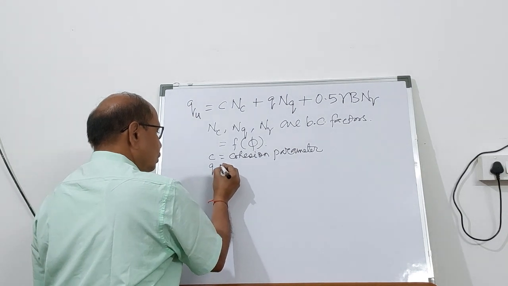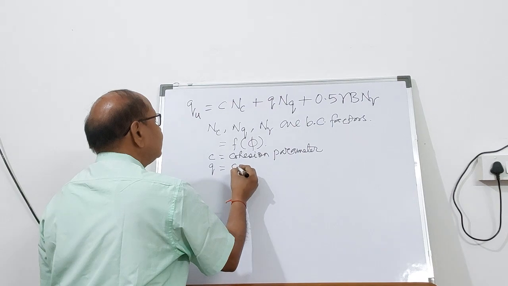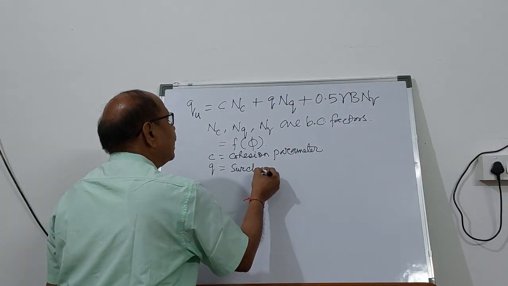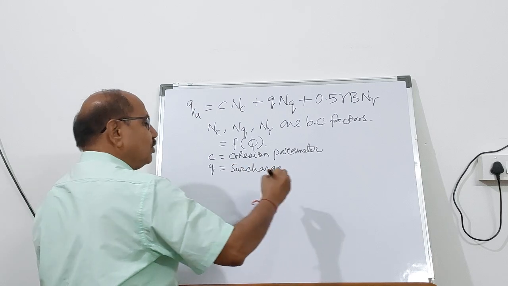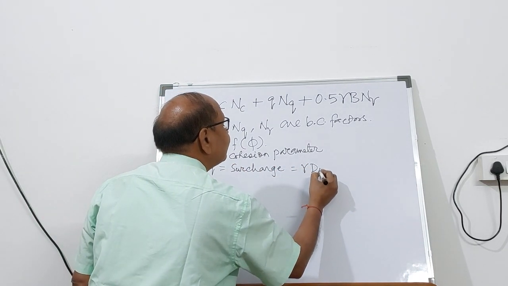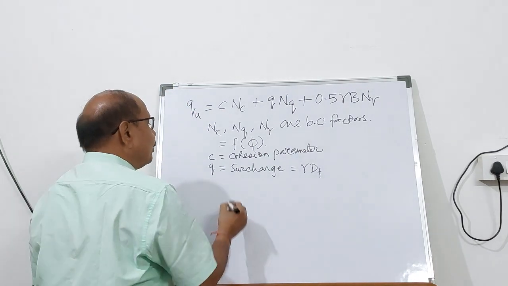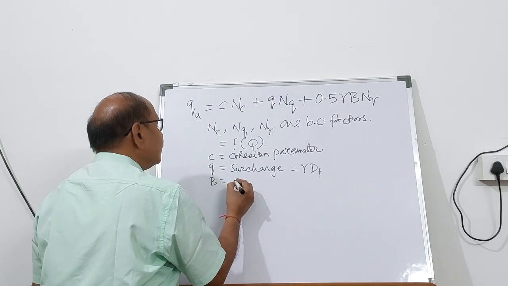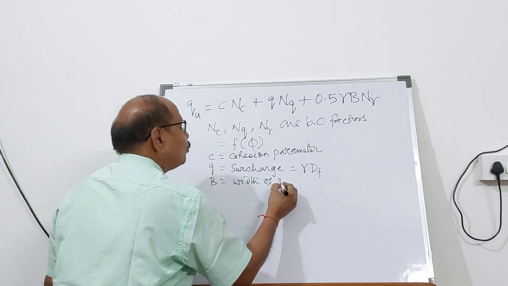q is the surcharge at the level of the base of the footing, and it is given as gamma times the depth of foundation, and B is the width of the footing.